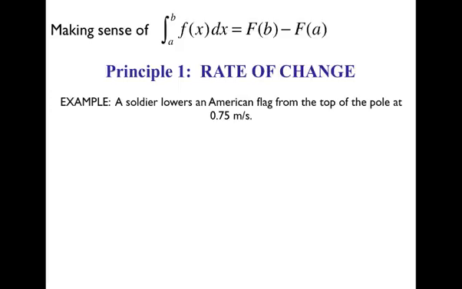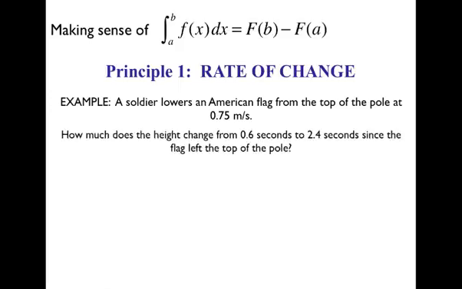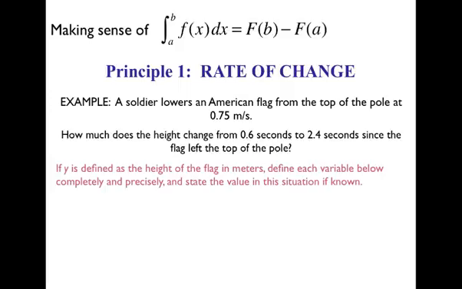A soldier lowers an American flag at the top of a pole at 0.75 meters per second. How much does the height change from 0.6 seconds to 2.4 seconds since the flag left the top of the pole? We're going to do it again.